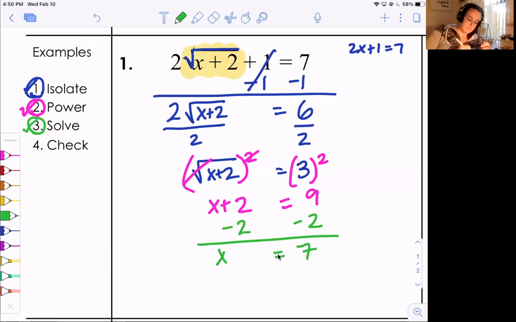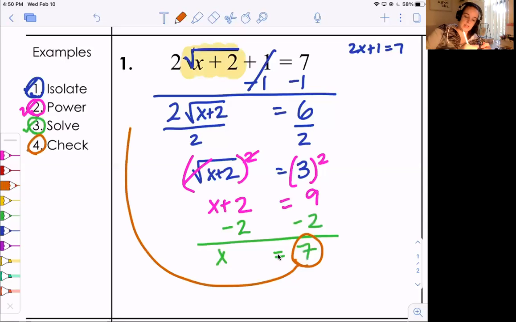I do, however, still need to check it, right? So I'm going to take this 7, and I'm going to put it into the equation right here, wherever there's an x. So I would have 2 times the square root of 7 plus 2, plus 1, and hopefully that equals 7.